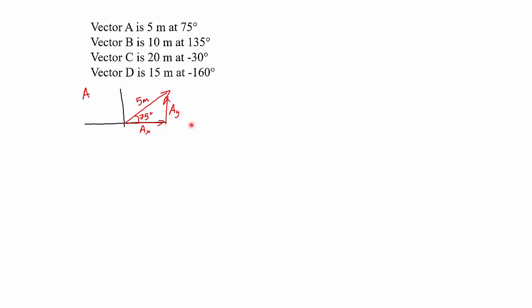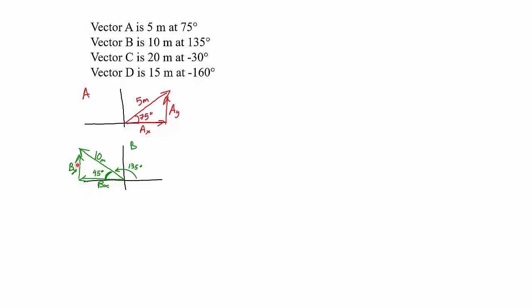For vector B, it's at an angle of 135 degrees. So that's around past the y-axis, which is 90 degrees, over down into the second quadrant. And so 135 degrees means that it's over here. It's 45 degrees from the negative x-axis. And so we have 10 meters at 135 degrees.